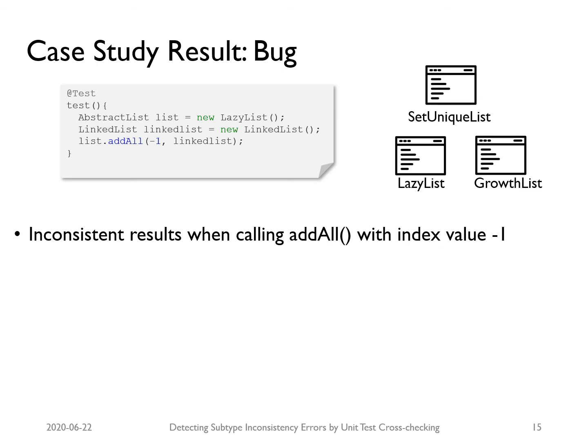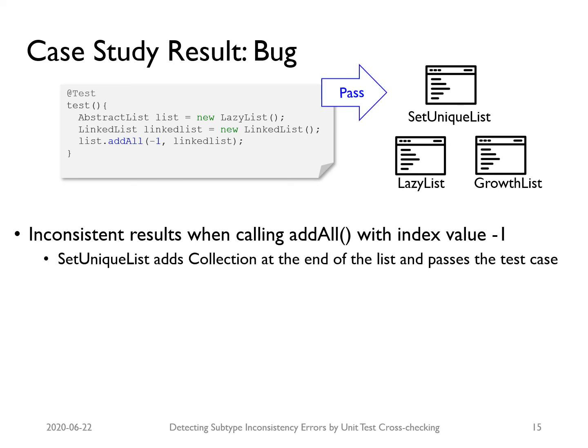So this is the description of the first bug. The test that revealed the first bug called the add all method with the index value of -1. On the set unique list, this test successfully terminated by adding the linked list at the end of the list.